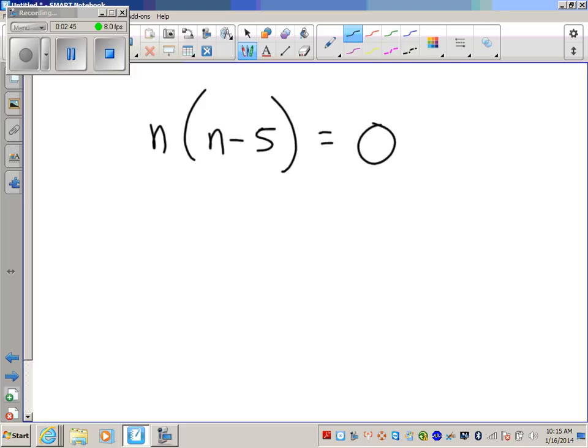Now, we have to take a quick look at this to find out actually what's happening. What is the main operation that's going on in this problem? Maria, you would be correct. Why would you say multiplication?